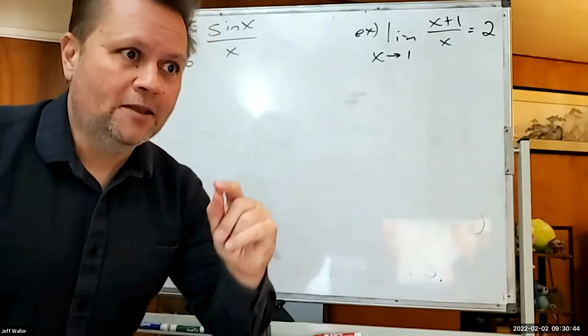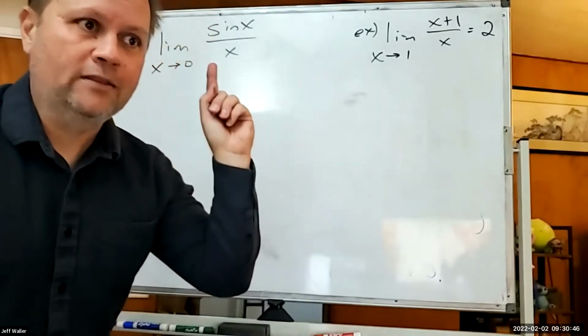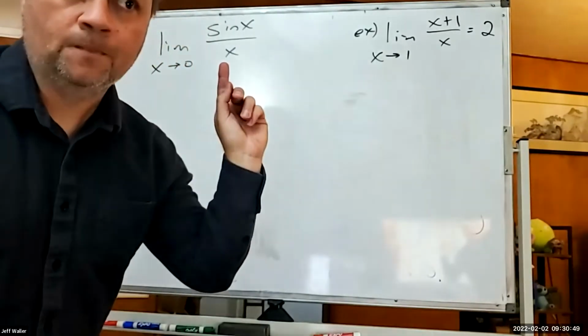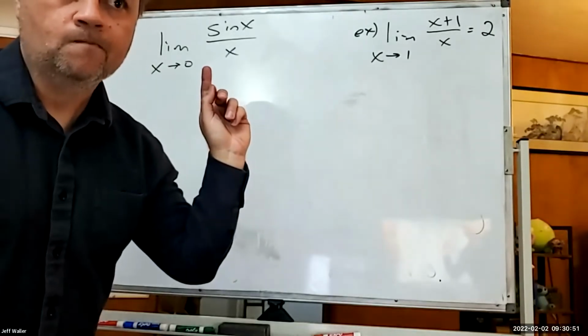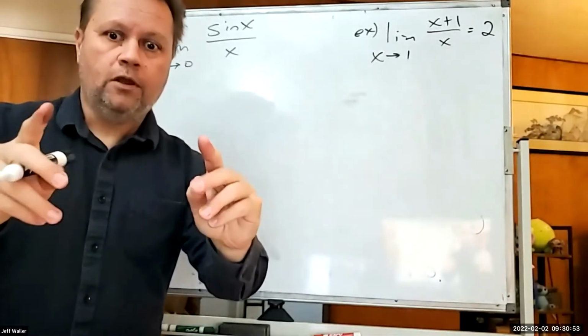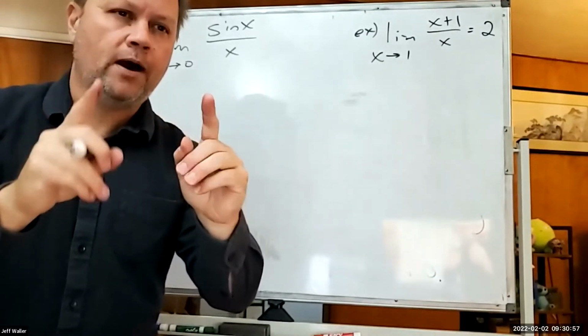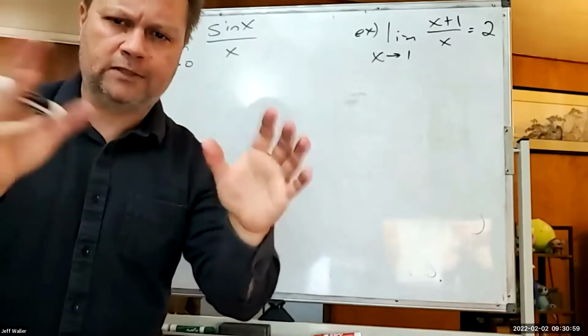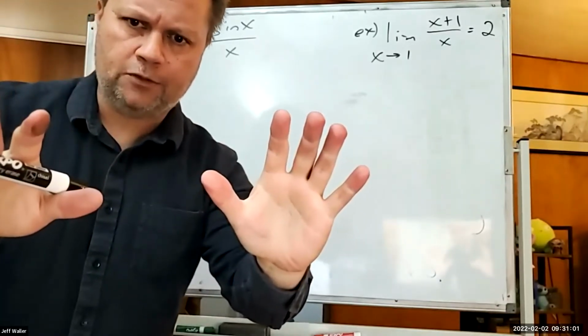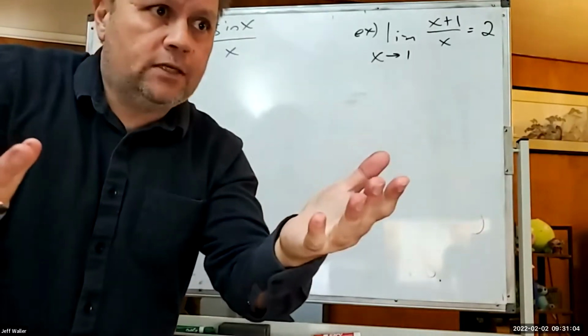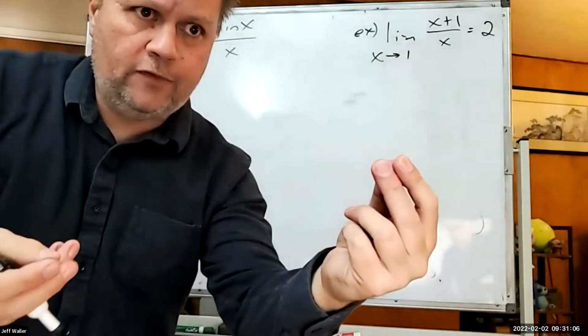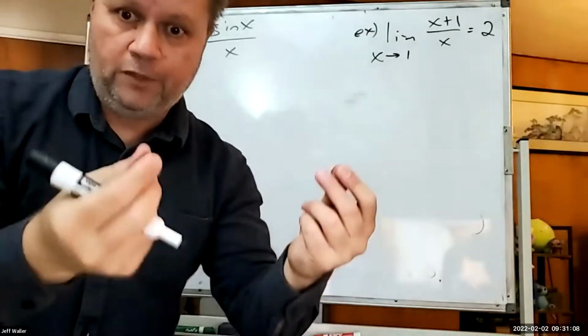So, can somebody identify why this one is not that simple? There's a 0 in the denominator. Good. It's undefined. It's worse than that. So the 0 in the bottom makes you feel like the answer is going to be some kind of infinity, correct? If the bottom is 0, then it's going to be either positive infinity or negative infinity.